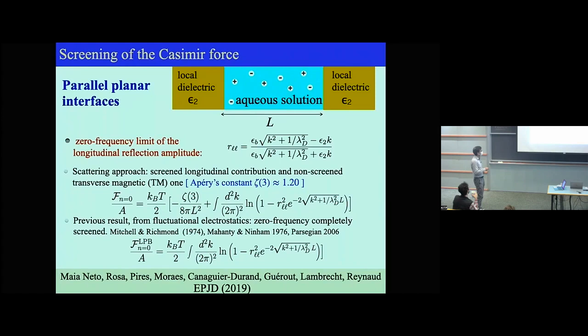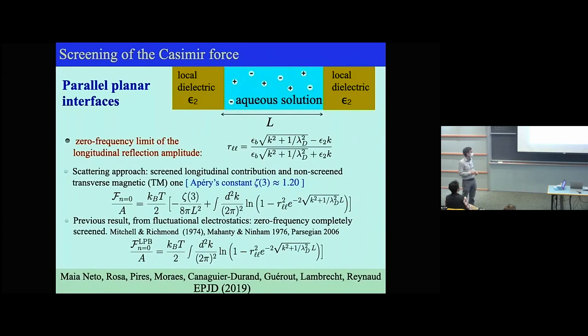So back to this contribution coming from the longitudinal modes, this coincides with many different theoretical calculations made a long time ago by different people. Only I think they have never written this in terms of a reflection coefficient.